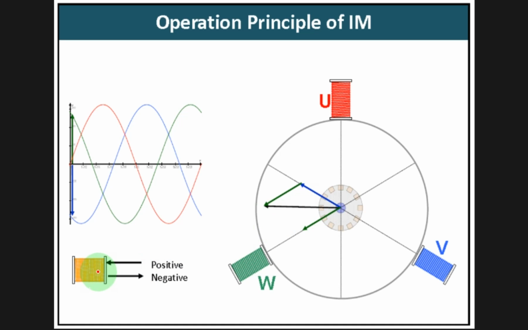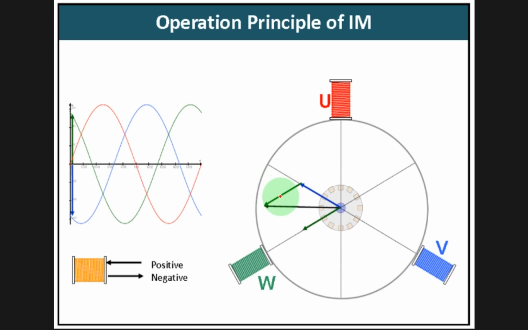So in that case we assume that when the supply voltage is positive, the direction of the field is into the coil, and when the electric current is negative, the magnetic field is outward from the coil, right?